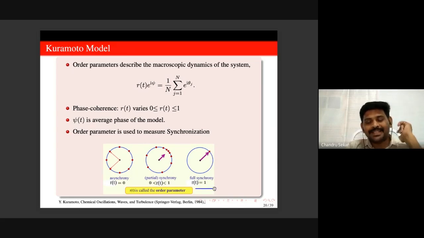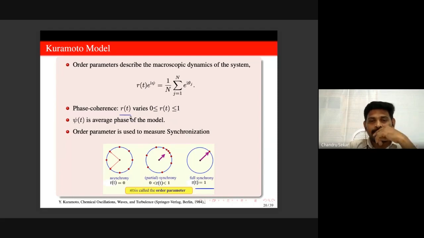But in the partially synchronized state, some oscillators oscillate with the same frequency and phase, and the remaining oscillators drift with different frequencies and phases. Due to that, R takes a value between 0 and 1. So the order parameter R is used to measure synchronization.